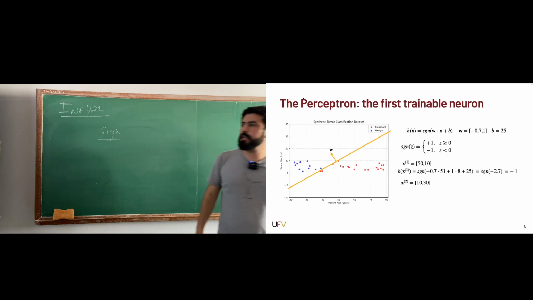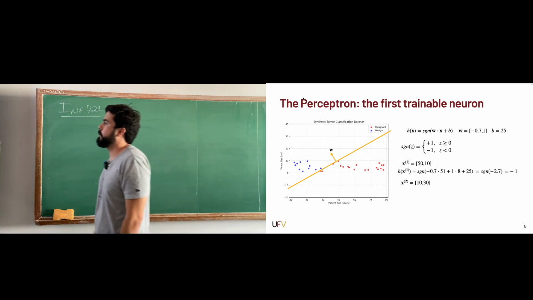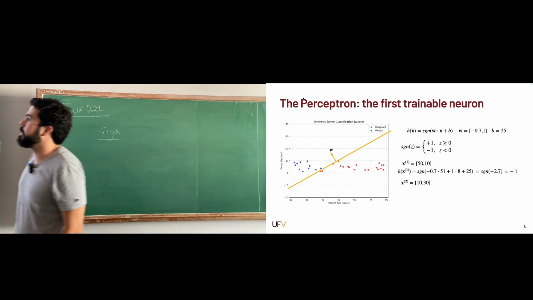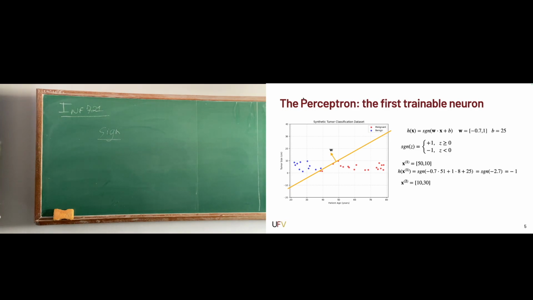And if you try a different example now, with x2 equal to 10 and 30, this would be a younger patient, 10 years old, would be even before here, on the left-hand side of the y-axis. It would be a point somewhere around here, with the tumor size right here.